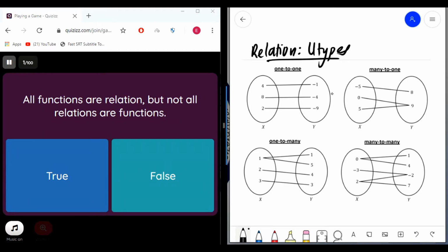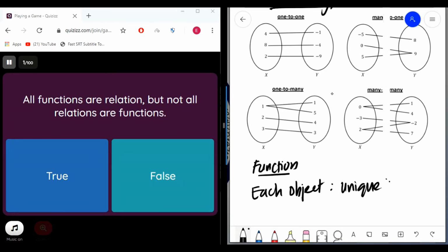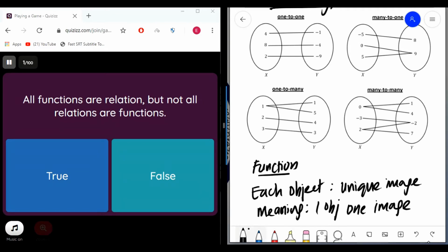Then for function, by definition, a function is a special type of relation where each object in the domain has its own unique image in the codomain, meaning one object can have a maximum of one image. Alright, because the image is very unique.